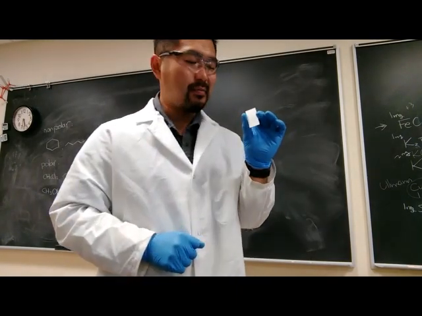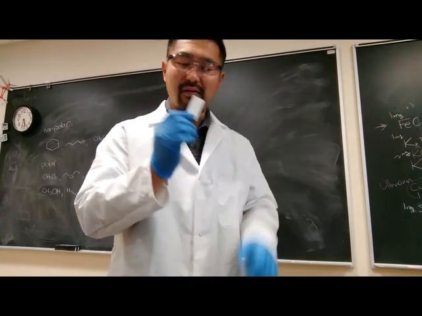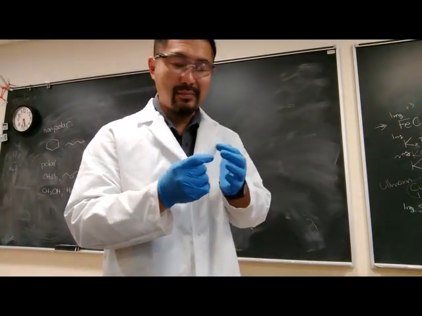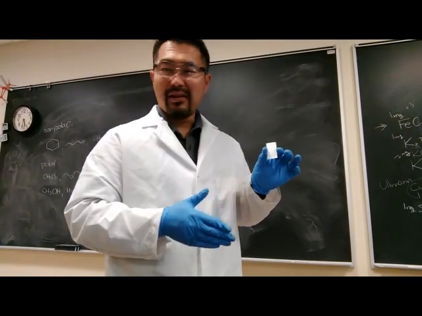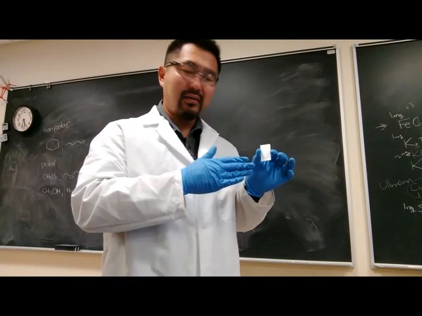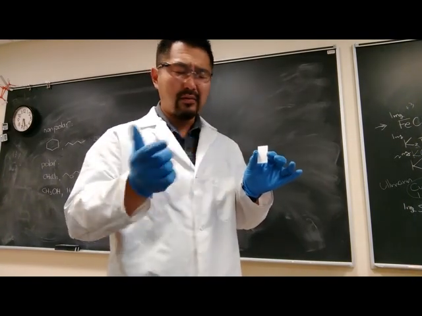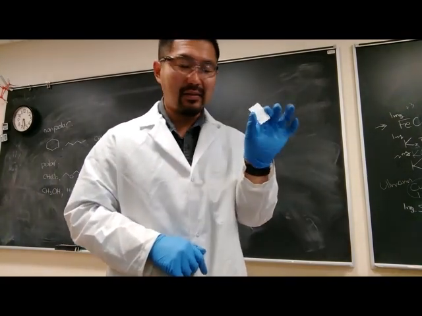A TLC plate is made of either plastic backing or aluminum backing, but most likely plastic. So it's really just a plate of plastic, but on top of that is a coating of silica gel, which we'll talk about in a second. This is what a TLC plate looks like.